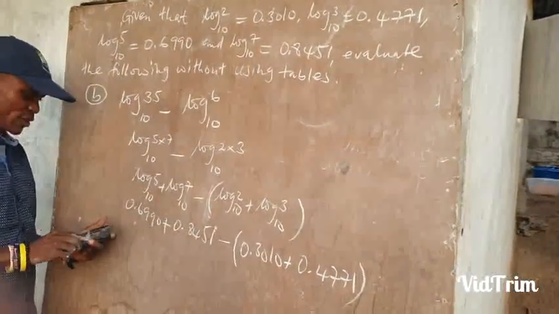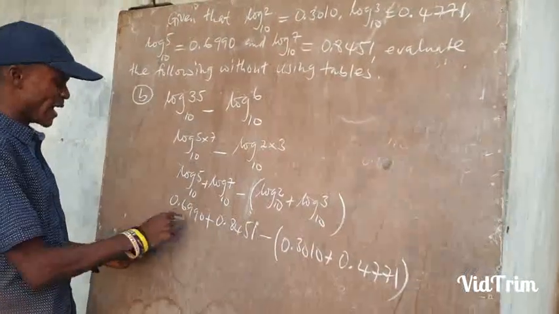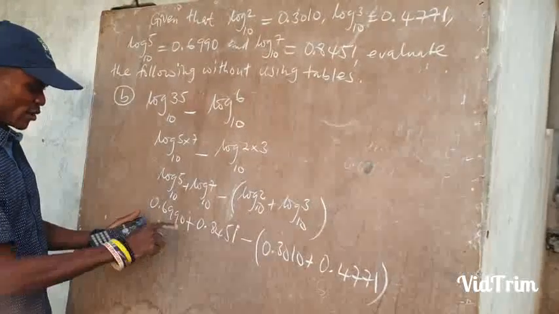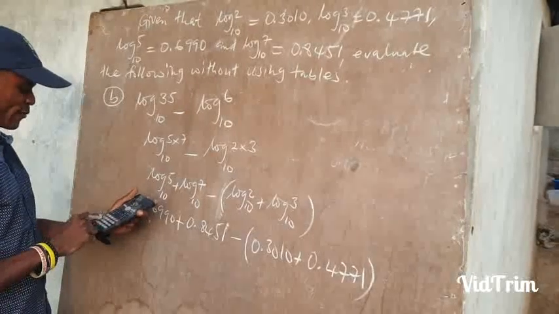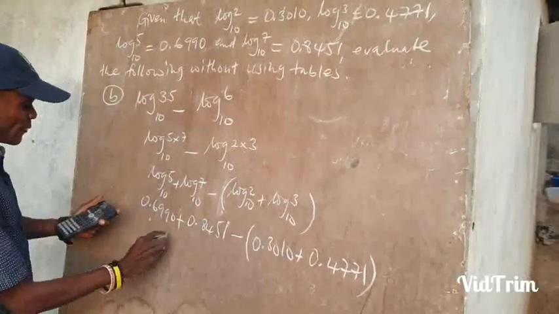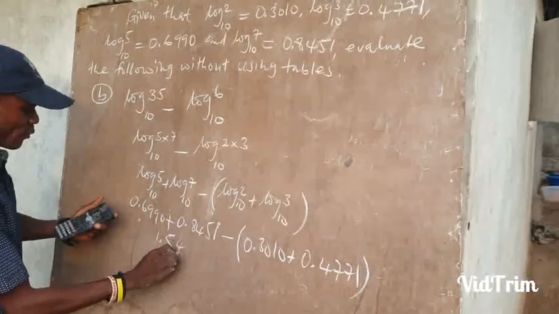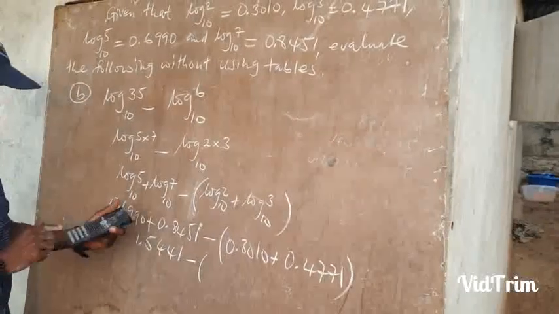Now let us substitute here and see. We have 0.6990 plus 0.8451. That will give me 1.441 minus. Let us add the figures in bracket here.